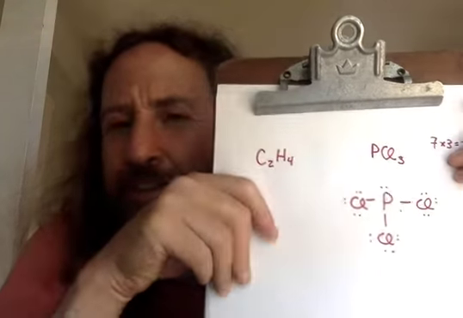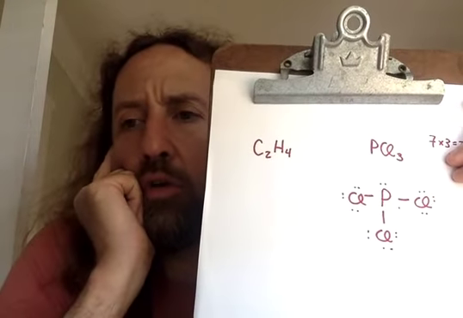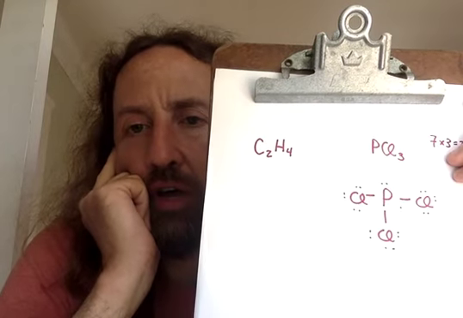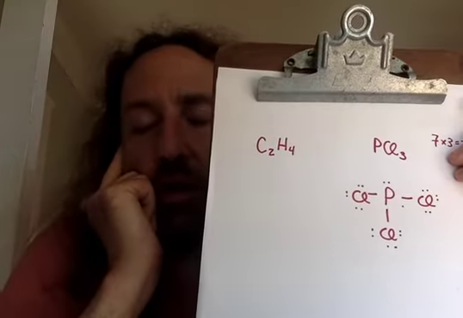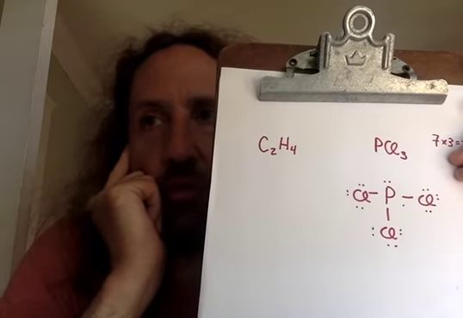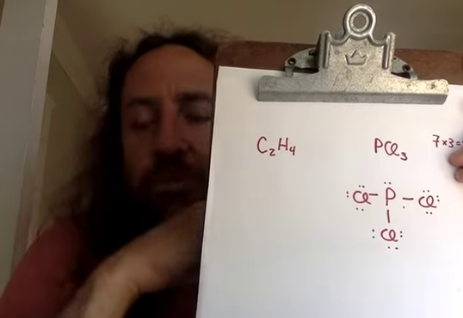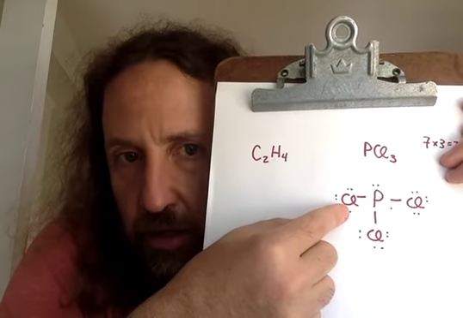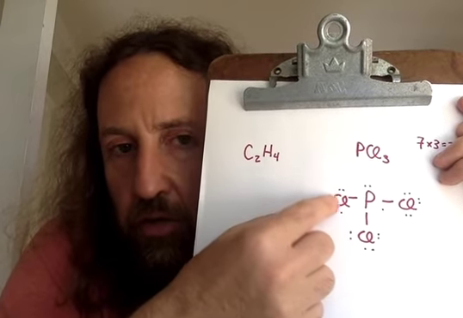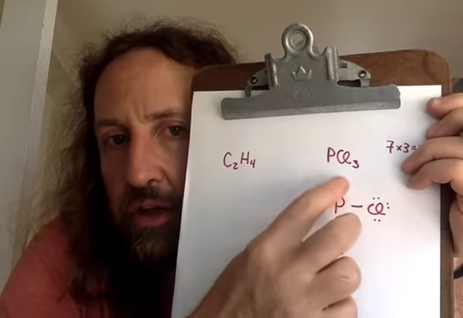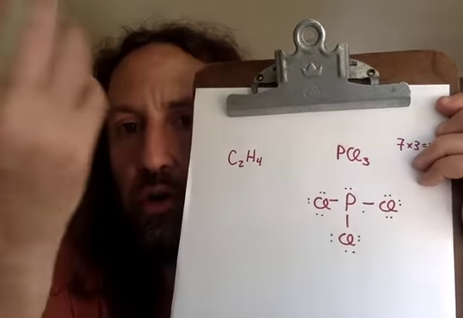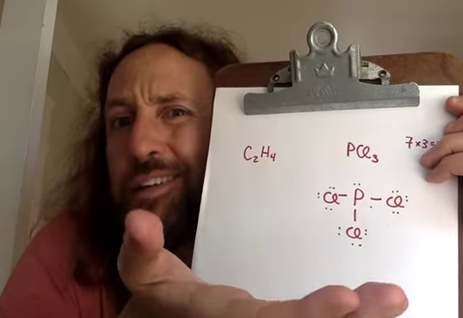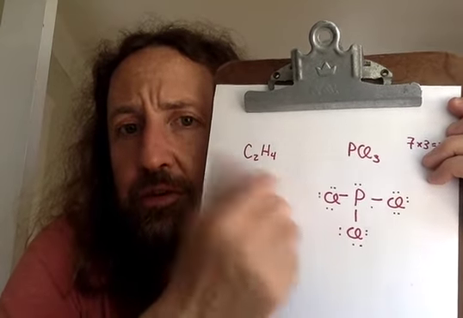So you're never going to see chlorine as a central atom. Well, there are a couple of exceptions, but there's always exceptions to the rule. But more often than not, you're going to see chlorine out here rather than in the middle because it only makes one bond. And since hydrogen only makes one bond, kind of the same deal.